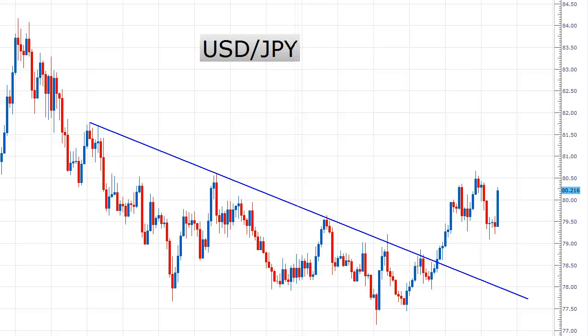on the USD yen, because the yen to me is just a pair that has that long-term potential in it. For instance, last time we broke to the upside, which I guess was around end of January, February, it broke up from 76 all the way up to 84 in a very short period of time.